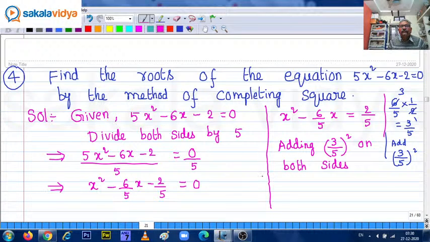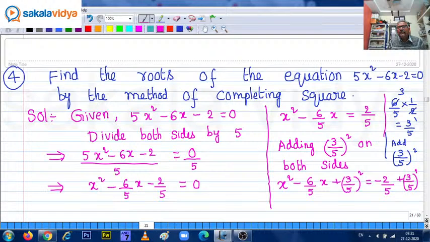Yes. So x square minus 6 upon 5 times x, adding the b square term (3 by 5) whole square, equals minus 2 upon 5 plus (3 upon 5) whole square.